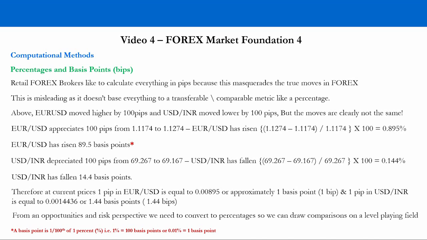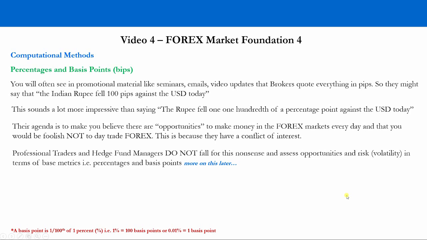And what you're going to find in the retail brokerage industry is that all the information that gets sent to you, or let's put it in a nastier term, the information that gets constantly drilled down your throat, will be calculated all the time in pips. As professional traders, we find this a bit weird, and it raises questions and red flags.